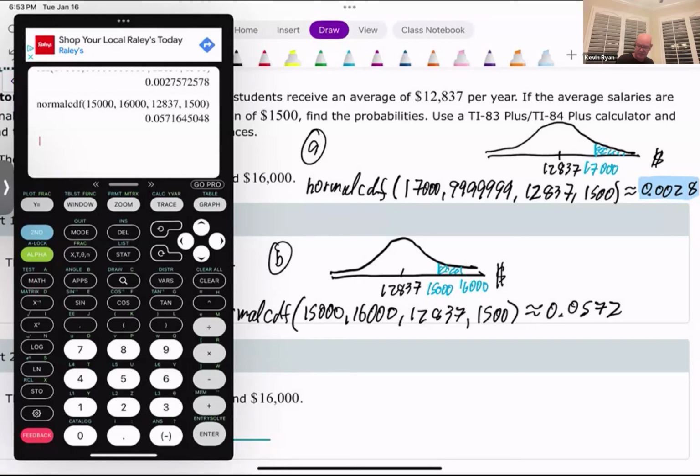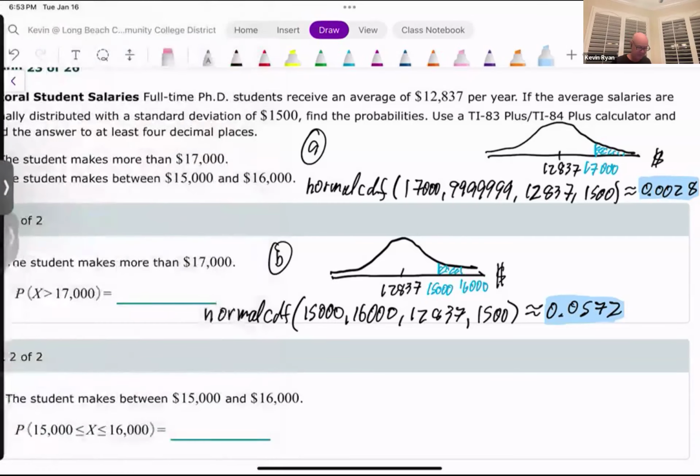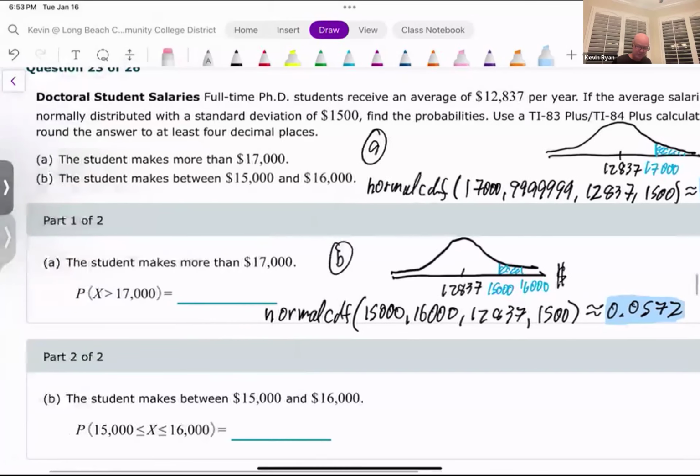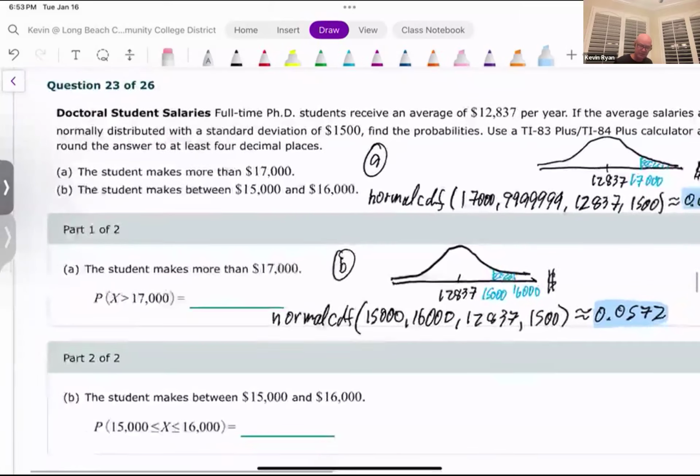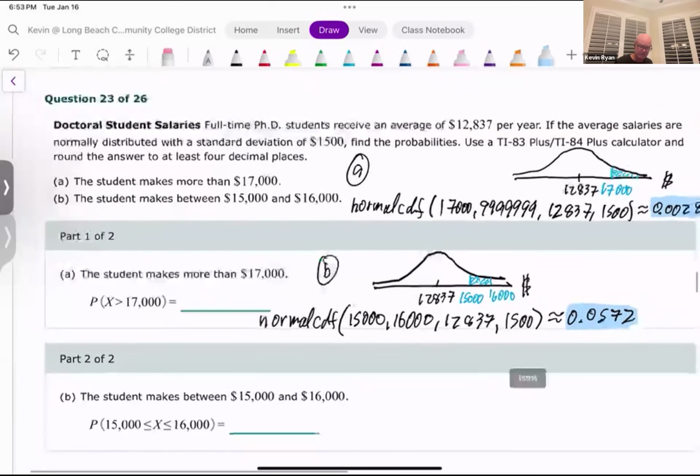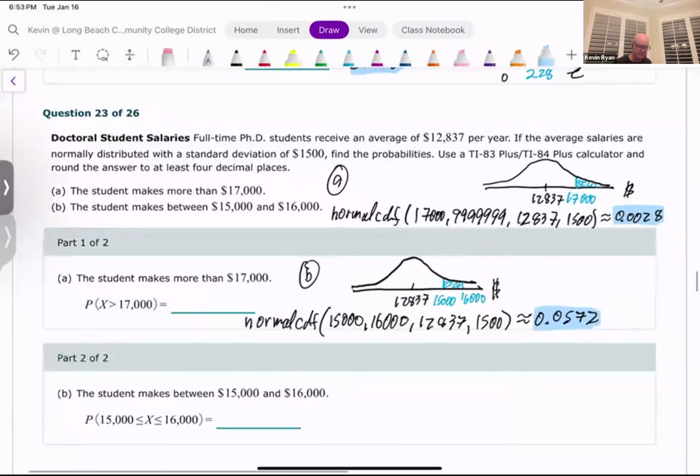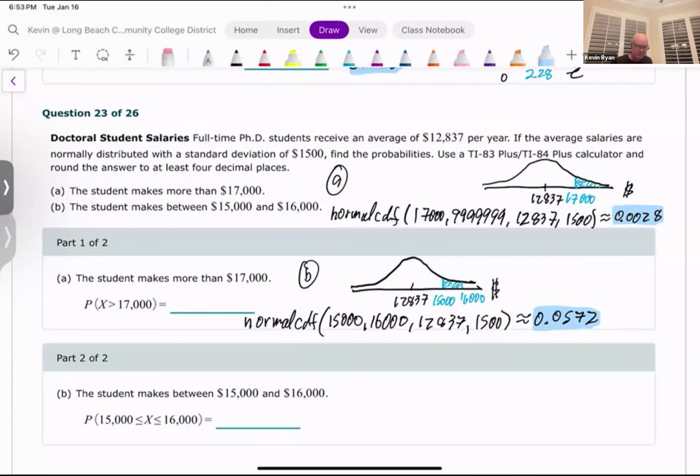So almost 6%. All right, that is number 23. A normal CDF.